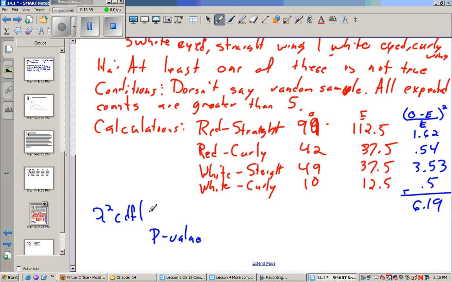We're going to go from 6.19 to a very, very big number, and our degrees of freedom here, since there are 4 items, will be 3. So chi-square CDF of 6.19, comma 99999, comma 3 will give us a p-value of 0.1027.